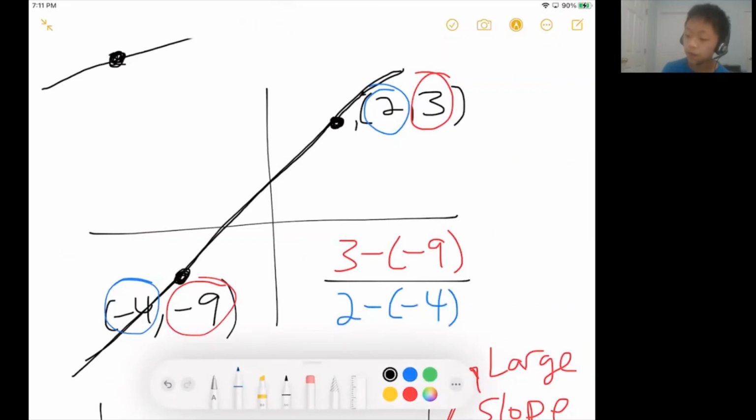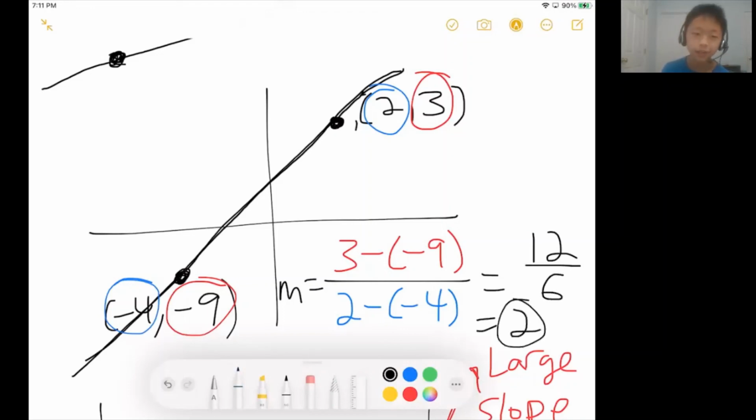We usually use the letter m for the slope. 3 minus -9 is 12, and on the bottom, 2 minus -4 is 6. So 12 divided by 6 means the slope of this line is 2. And that's how you would calculate the slope of a line.